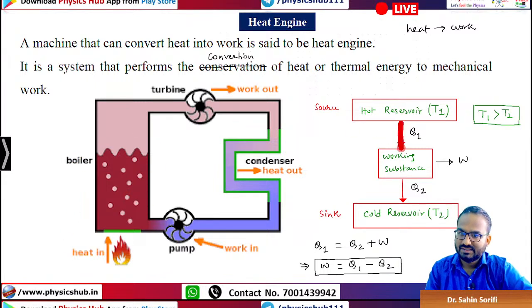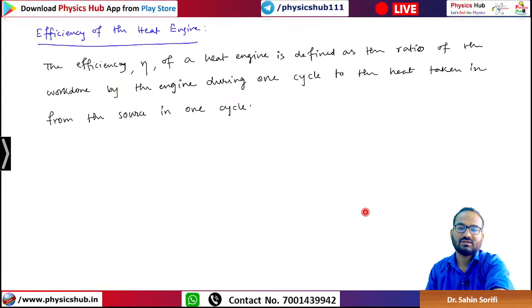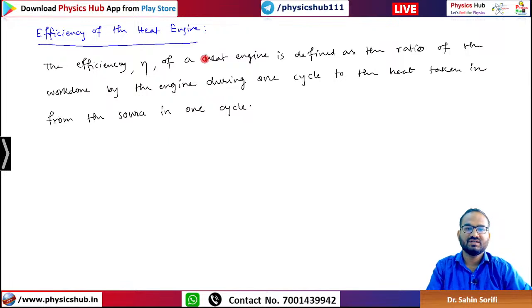So, we are taking in heat. So, this is the input and this is the output. Now, this amount of heat Q2 which is given to the sink or cold reservoir, that is surrounding, actually this is a loss. So, how effectively it is able to convert the heat into work, and that is actually giving you the quantitative measure of the efficiency eta of the heat engine.